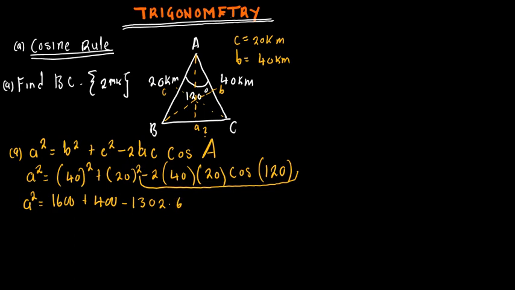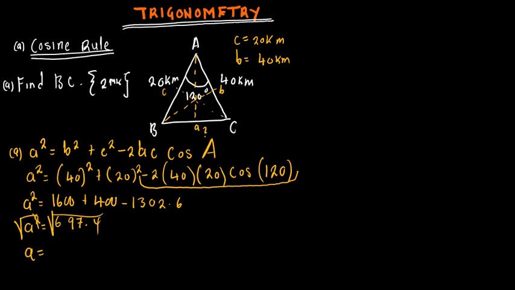The number that I get is minus 1302.6. So from here we can say that A squared is going to equal 1600 plus 400, minus minus 1302.6. Let's see what we're going to get. We're getting 697.4. Now we square root this, we also square root that.